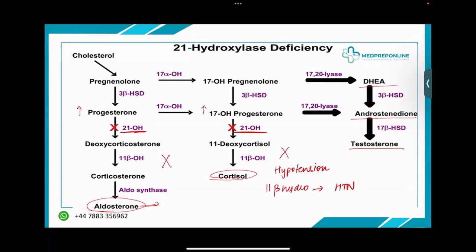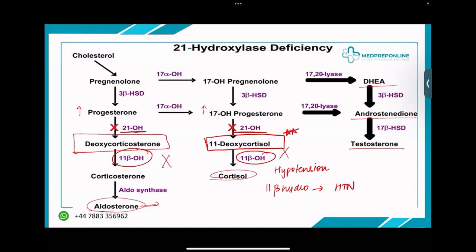Why? Because in 11-beta hydroxylase deficiency, this pathway is affected, but you still have the precursors of deoxycorticosterone as well as 11-deoxycortisol. Now, these do still retain some of the mineralocorticoid function and glucocorticoid function. So you can have patients who present with hypertension.